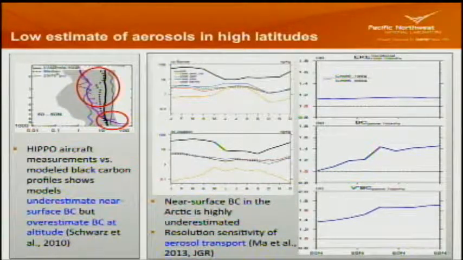This is the eddy kinetic energy, 1 degree normalized by the 2 degree results. You can see the eddy kinetic energy in the 1 degree model is about 15% higher than the 2 degree model, and that results in a lot higher black carbon transport by the eddies in 1 degree compared to the 2 degree model.